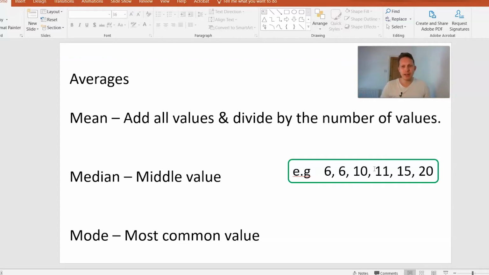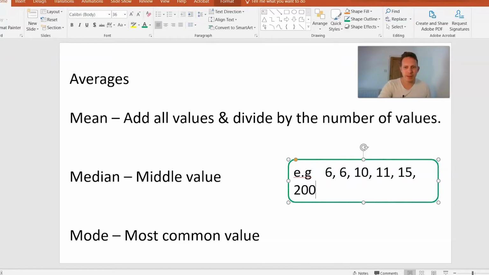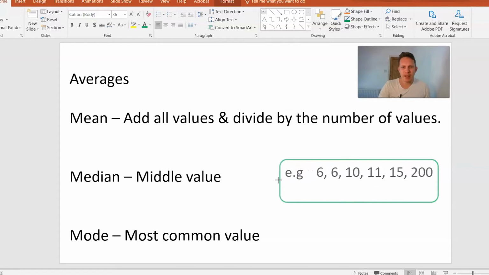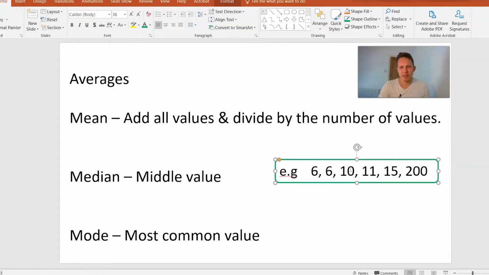For example, if this one was 200 instead of 20, that would really affect our mean because we'd be adding that in and then dividing that number as well. But in the median, even if this was 200 instead of 20, that wouldn't actually change what our middle values are. They're still 10 and 11.